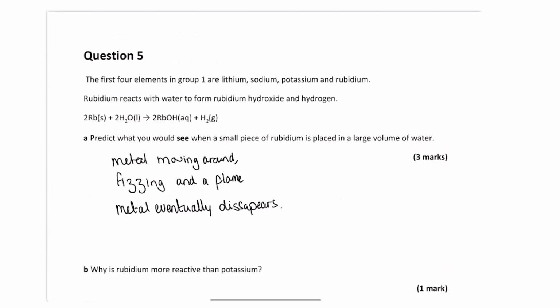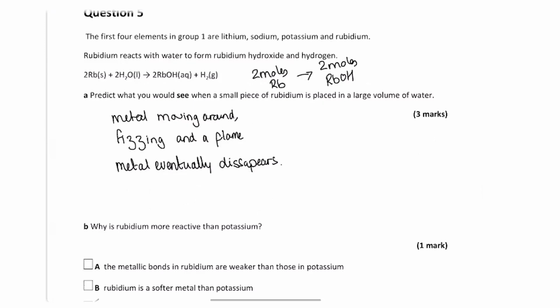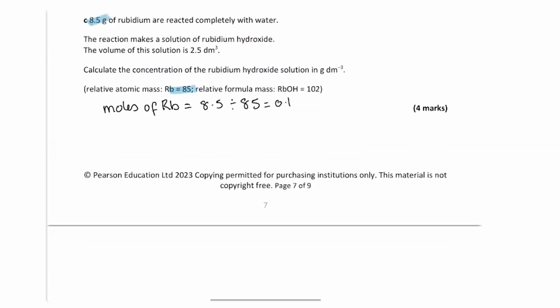We start with 2 moles of rubidium, and we end up with 2 moles of rubidium hydroxide. So they're in a 2-to-2, we cancel it down, they're in a 1-to-1 ratio. And we can tell the examiner that we know this by writing it down really clearly. So look, there we go. We've got ourselves a whole other mark there.